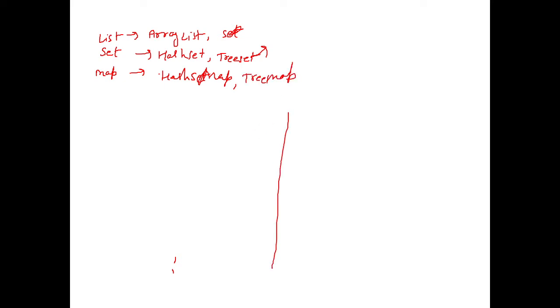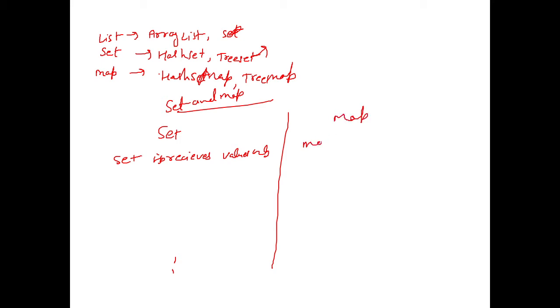Now another important question is that before I explain, you should know the difference between set and map. See, set receives values only, right? But map has key value pairs. Means map has keys and values, right?